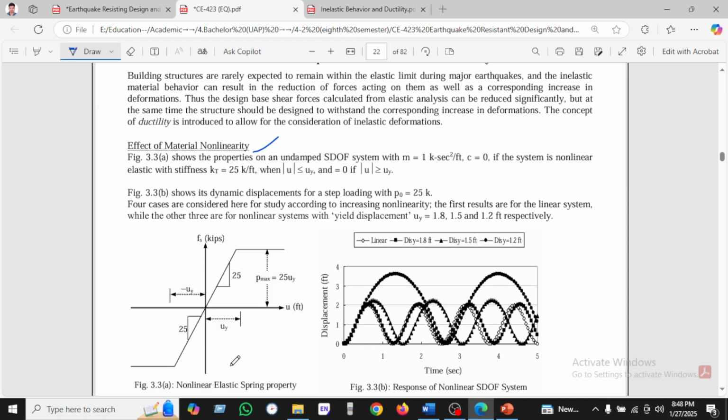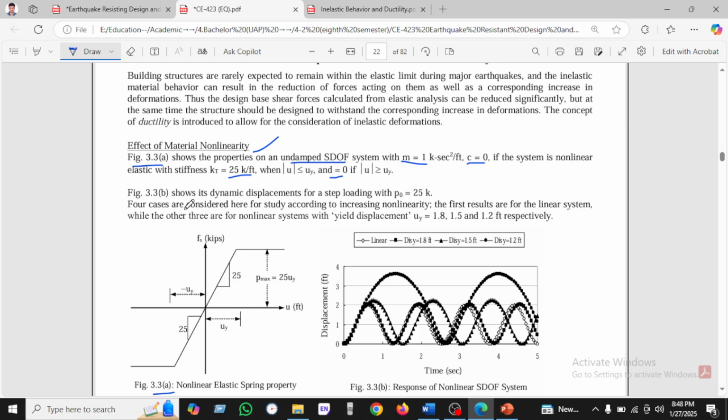In figure 3.1, the representative undamped system has C equal to 0 and m equal to 1 kip per feet square. The system is nonlinear and elastic, with stiffness given as 25 when u is greater than u_y and equal to 0.